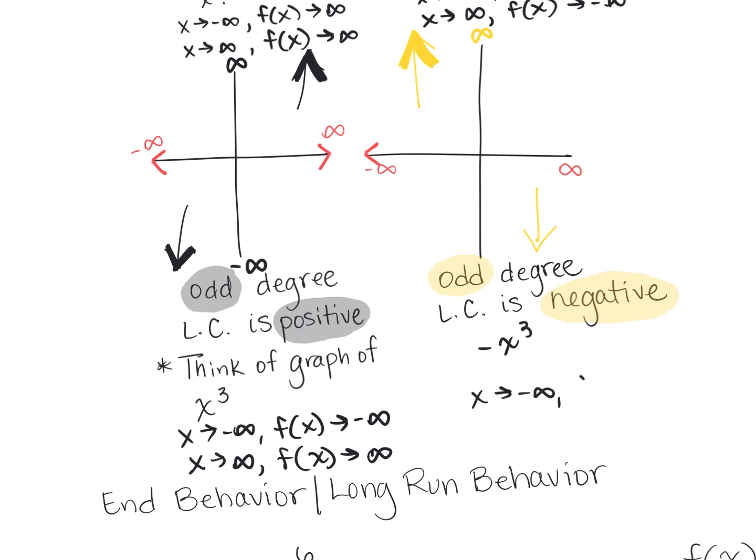My y values continue to get bigger and bigger. So they go toward infinity. And then in this direction, as x goes toward positive infinity, so my x's are getting extremely large, then my y values this time are going down toward negative infinity. So as my x's go larger and larger, in this case, my y values are going to get smaller and smaller.